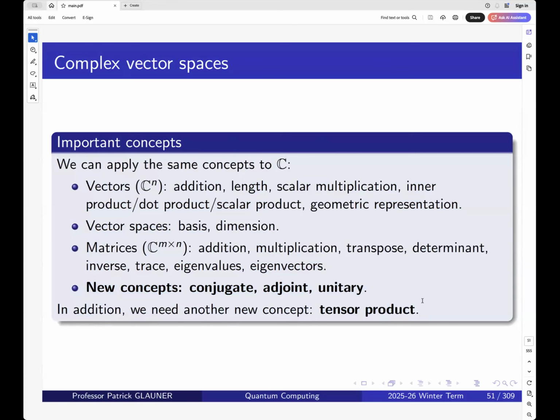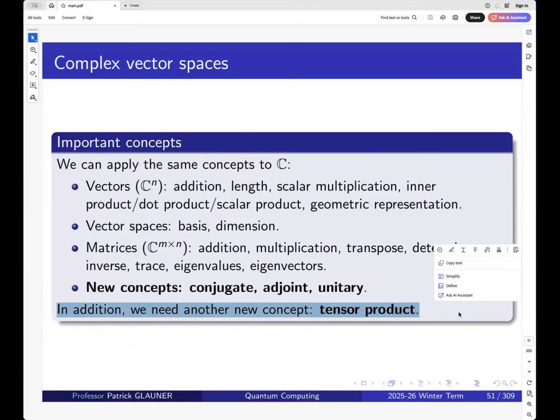And after we have done all of this, we will also look at one extra concept, which are tensor products. These tensor products are not constrained to complex numbers. We can also do them using the real numbers. And this is a concept we will introduce as well, because we will need this later when we describe more complex quantum systems.